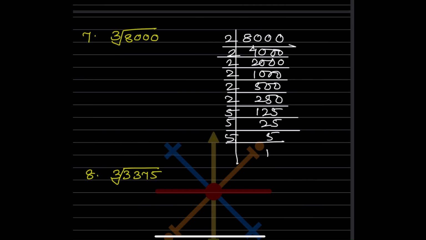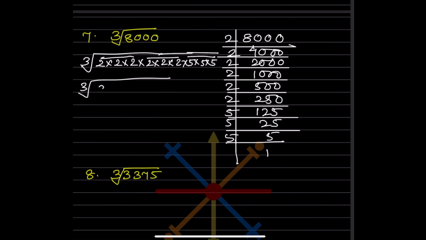So we have 6 2s and 3 5s. So now let us make the group of 3. So that should be 2 into 2 into 5. So that is going to be 20.